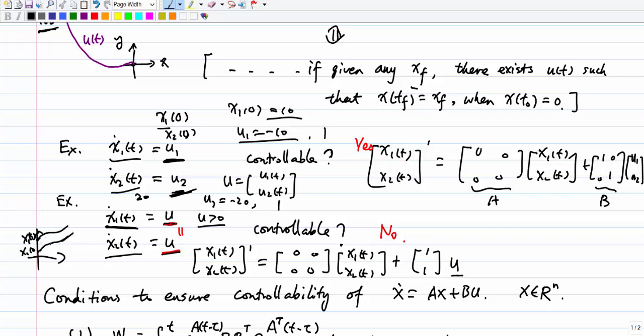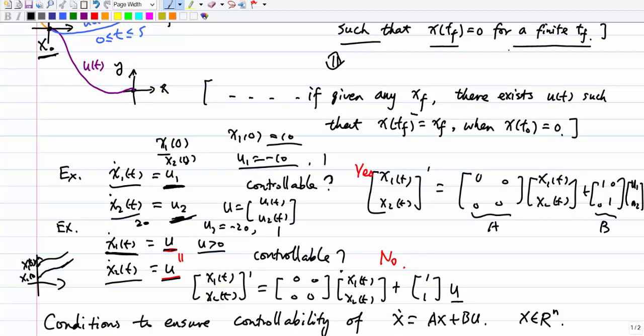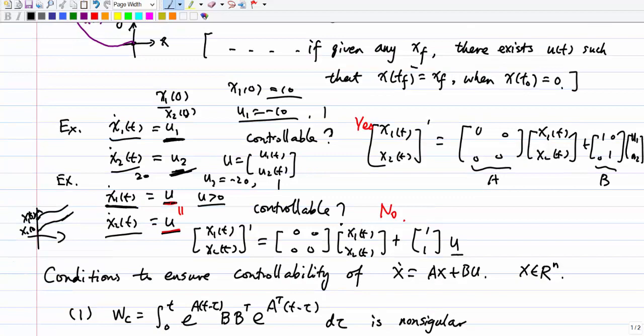If you want to go to 0, you cannot drop both to 0 at the same time, because they can only change by the same value, unless x10 is equal to x20. Then you can design u to make sure x1(t) and x2(t) drop to 0 at the same time.